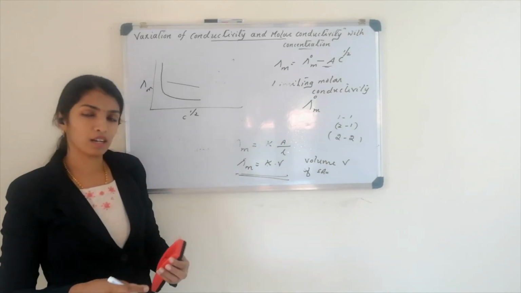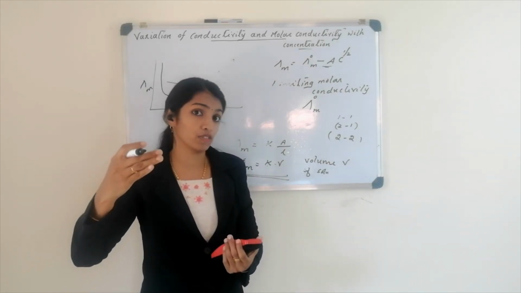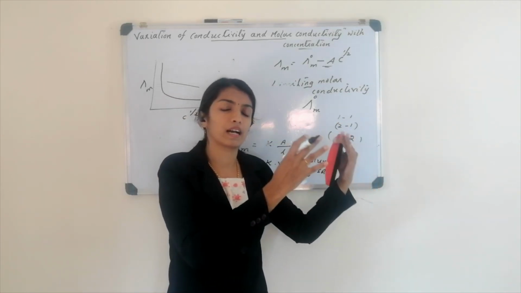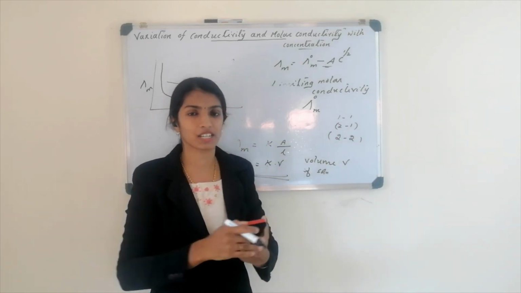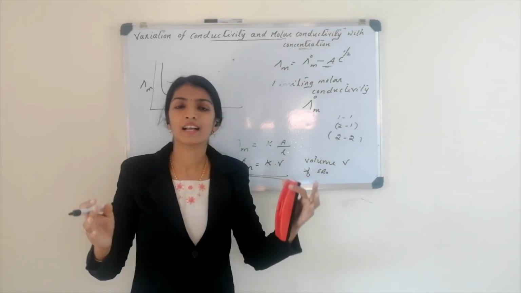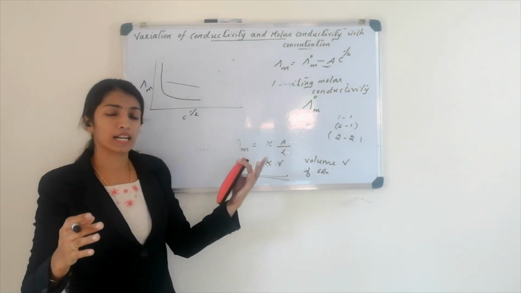Today we discussed what is conductivity, what is molar conductivity, how the conductivity value varies with the concentration, and how the molar conductivity value varies with the concentration. We can summarize all these facts in a few sentences. What is conductivity?